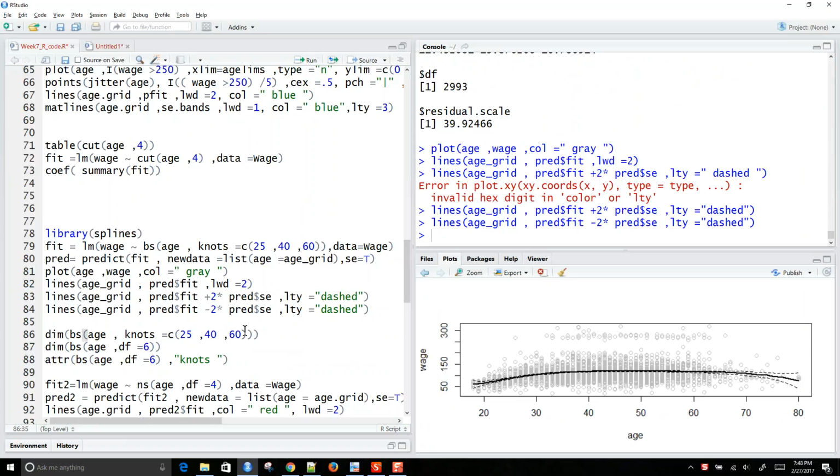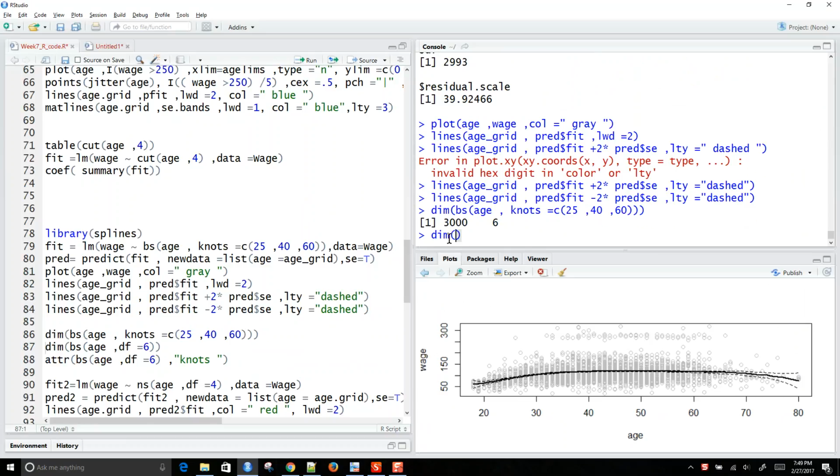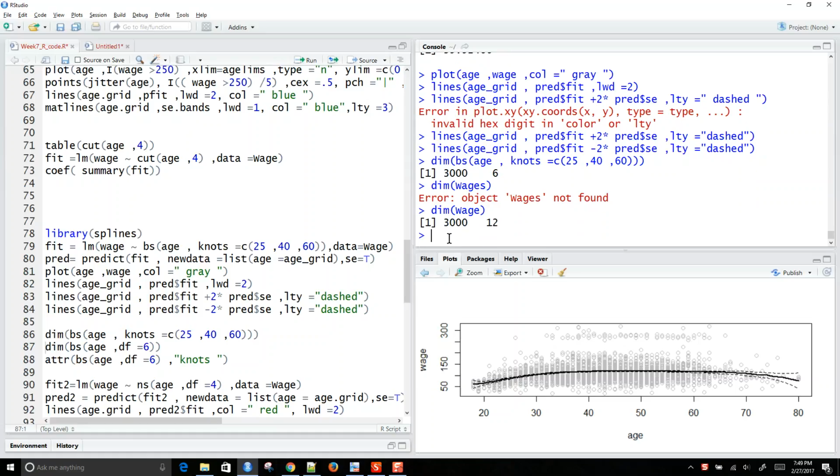It's giving us 1 row for every x that we get. Let me look at the head of wage$age. These are our first 6 ages right there.